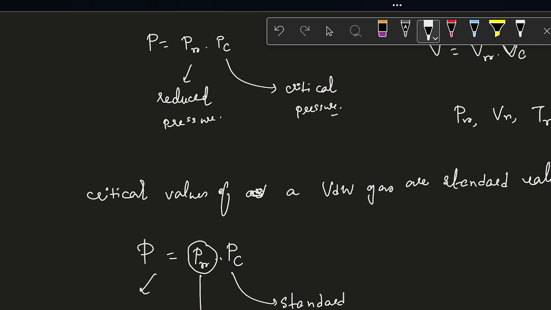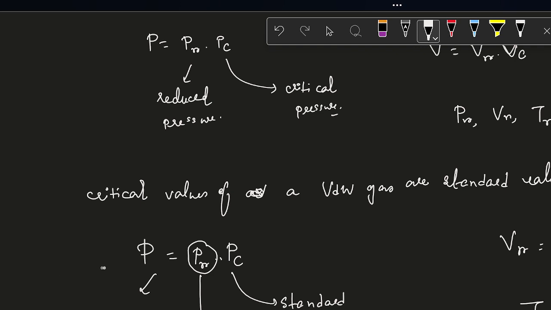That is how this idea of a reduced variable comes. Similarly, the reduced volume is nothing but the net variable volume divided by your critical volume, which has a constant standard value, and T_R is also T divided by T_C.